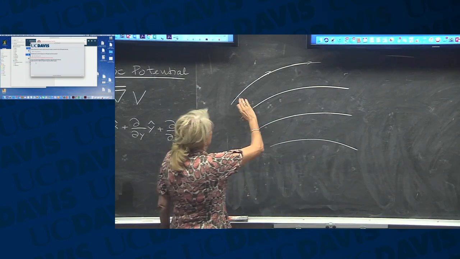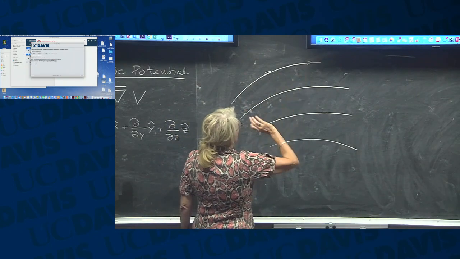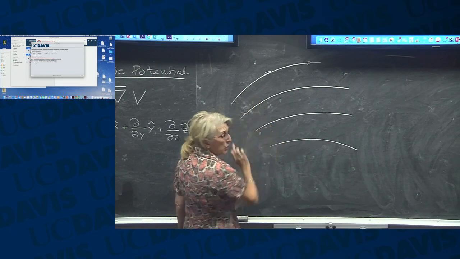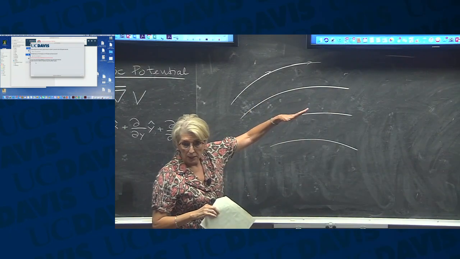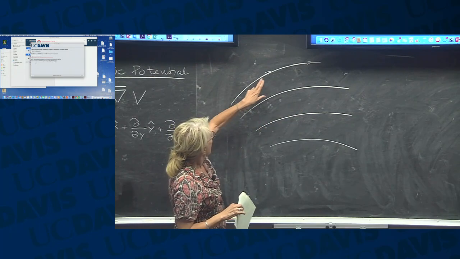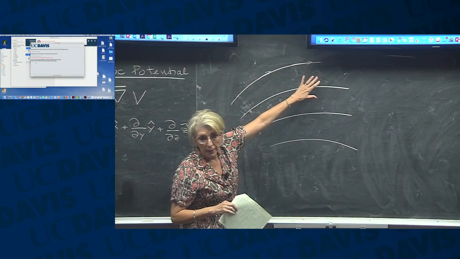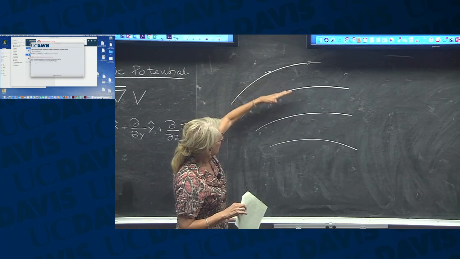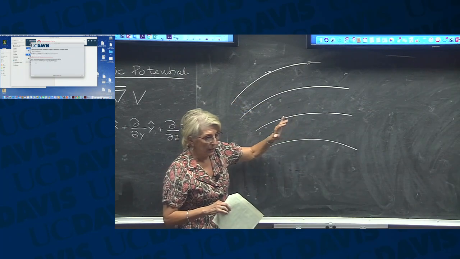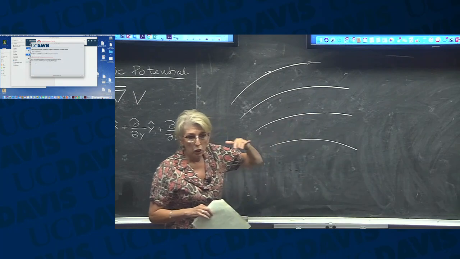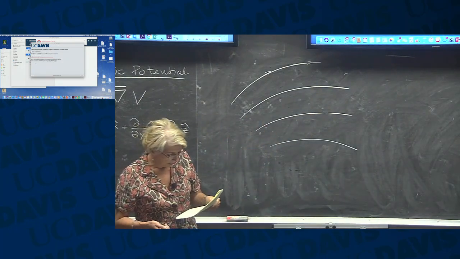So at every point, if I take the direction of the electric field as tangential to a line that goes through this point, then I create the electric field lines. And they can have all kinds of different shapes depending on how the charges are distributed.